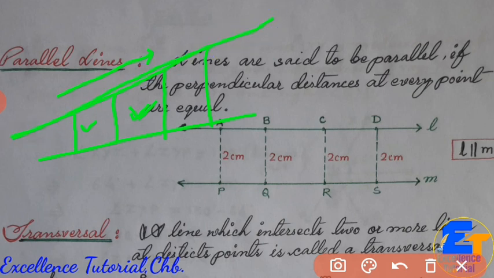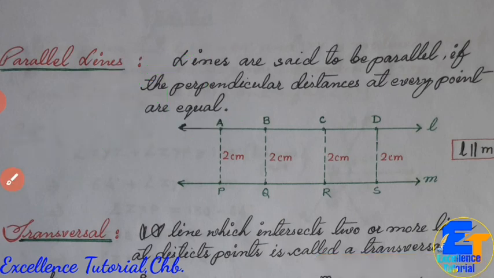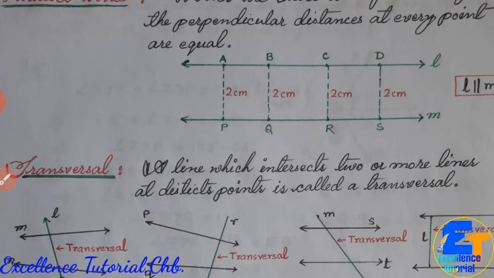So such lines are called non-parallel lines. And remember, on extending this type of non-parallel lines, they are going to intersect at a certain point. If you extend the lines in this way, definitely somewhere here they will intersect each other. So this type of lines are called non-parallel lines.